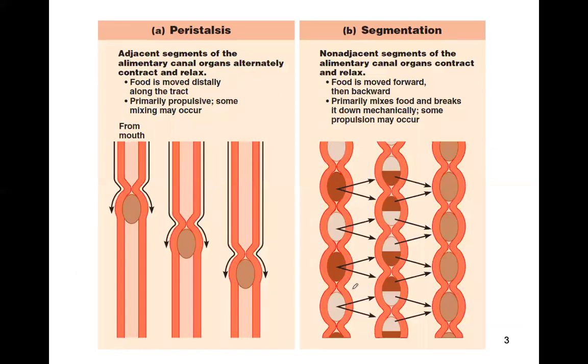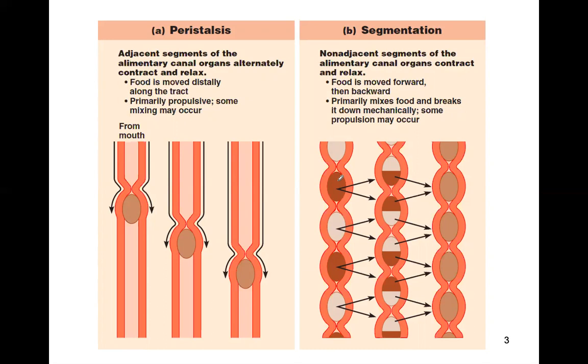Now, to depict the segmentation for you, you can take a look at this picture. Notice how the intestines are segmented, as in broken down into little pieces. Let's say you have a piece of food here, a piece of food here, and the contractions are happening at these points. As time passes, these portions are going to relax, and you're going to have contractions right in the middle of this food or chyme, and that causes the food on the top and the bottom to be mixed together.